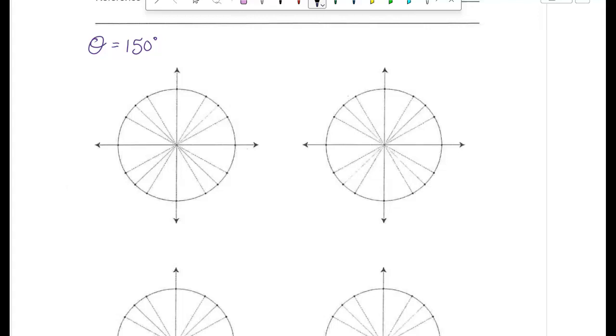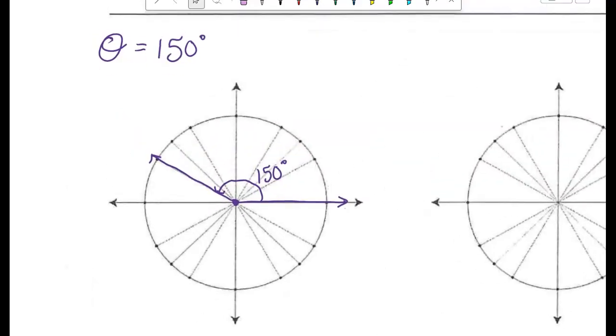So it's just always that pattern. So when you're doing 150 degrees, you start with your initial side, and then you end up going to where it's just 30 degrees above. So here to here is your 150 degree angle. Everyone with me so far?